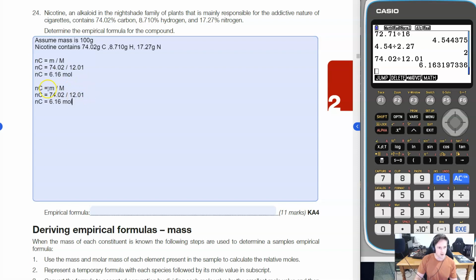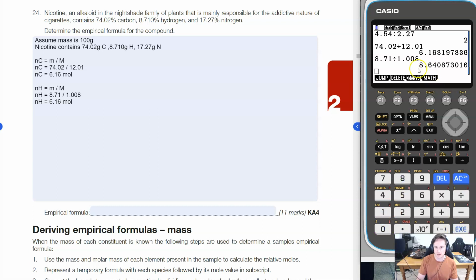So the number of moles of hydrogen is mass divided by molar mass, mass first, molar mass second. So mass is going to be 8.710, so 8.71, divided by 1.008 is 8.64.